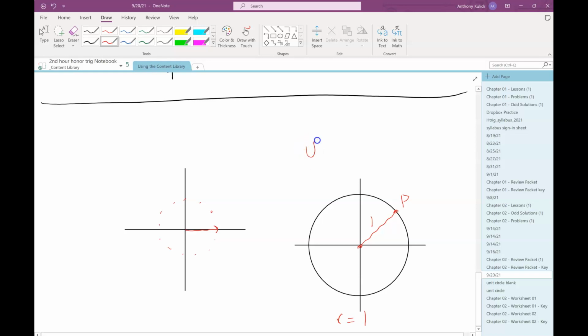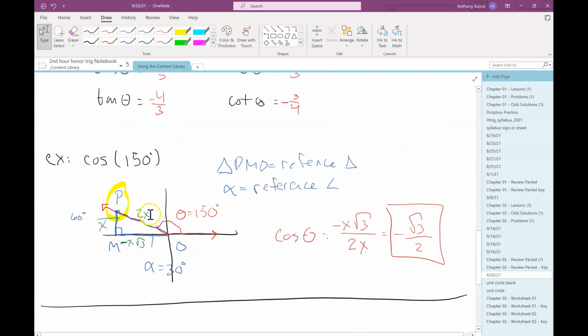That makes this a unit circle. We call it a unit circle because its radius is 1 unit long. And what we're going to do on our unit circle is make a shortcut for the process like what we did here for cosine of 150.